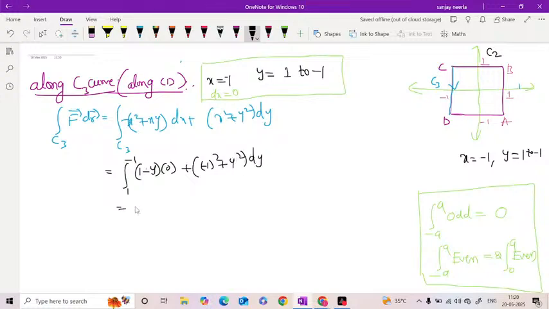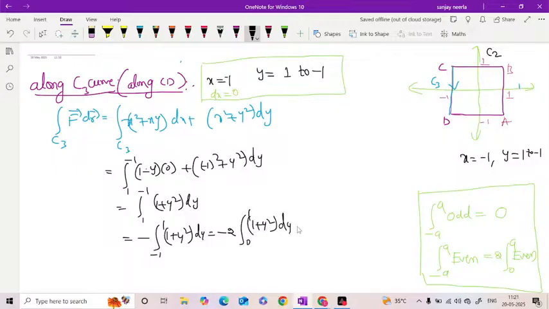That means here our function is the integral from 1 to -1 of 1 plus y square into dy. Now here also we have to change the order of integration. So minus the integral from -1 to +1 of 1 plus y square. Anyway this is an even function, you can modify it. That means 2 times the integral from 0 to 1 of 1 plus y square.